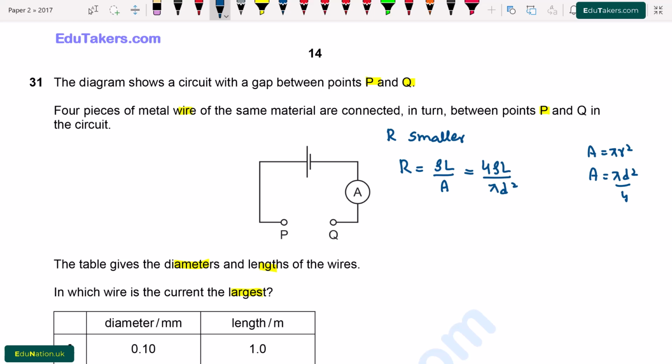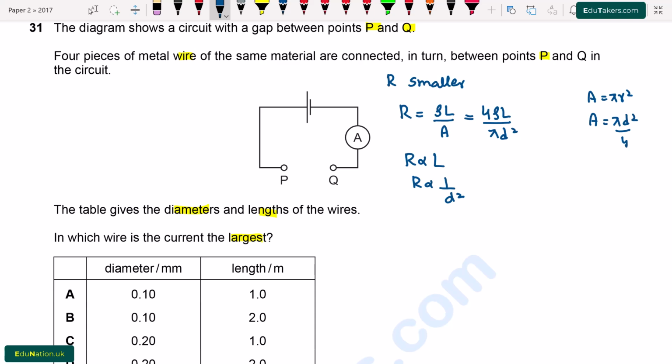Here we can see that resistance is directly proportional to length and inversely proportional to diameter squared. When the resistance is smaller, it means that length should be smaller and diameter should be large. So I write here length small and diameter is large.